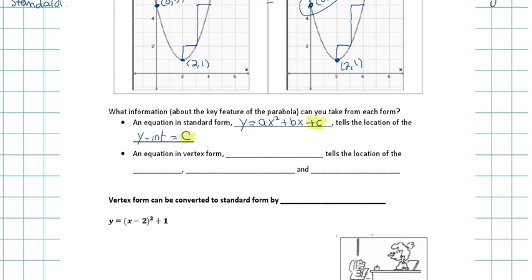Now an equation in the vertex form, which is y equals a(x minus h) squared plus k, tells the location of the... It tells you the location of what? What does the vertex form tell you? H and K. H and K, which are what? Vertex. Okay, it tells you the location of the vertex, which is also the vertex is what?